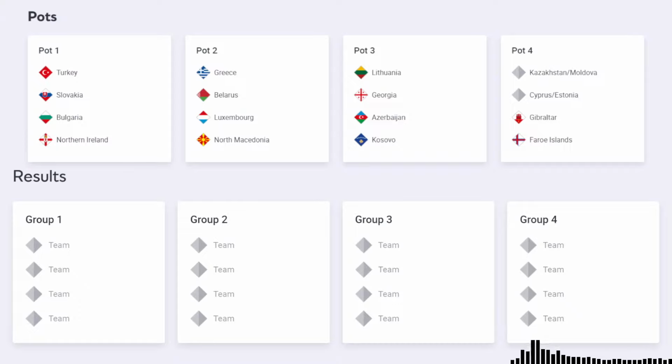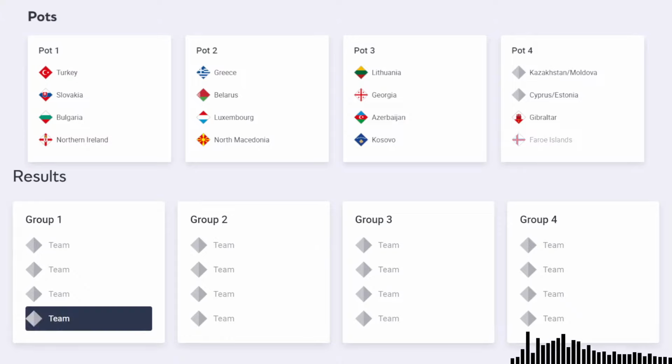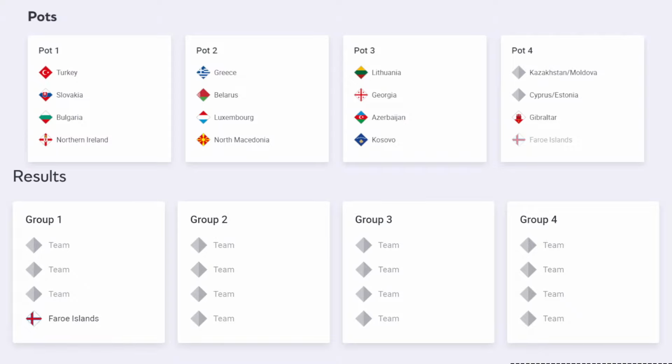Next one is Group C1. Faroe Islands has been taken. Cyprus or Estonia, they are going to Group 2. Faroe Islands to Group 1. Cyprus or Estonia to Group 2.